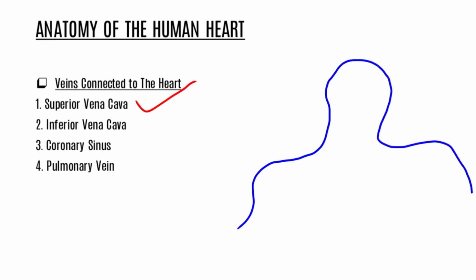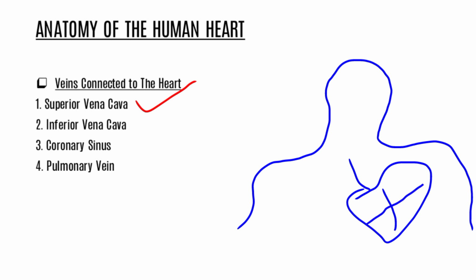You have your head and your body, and your heart is somewhere around here. Now, the superior vena cava is coming upwards to the right atrium, right? It will receive the deoxygenated blood from the neck, from the head, from the part of the thorax, then bring it down to the right atrium.